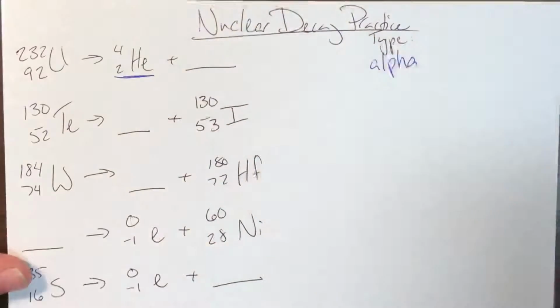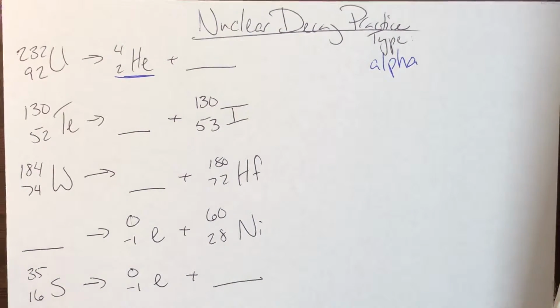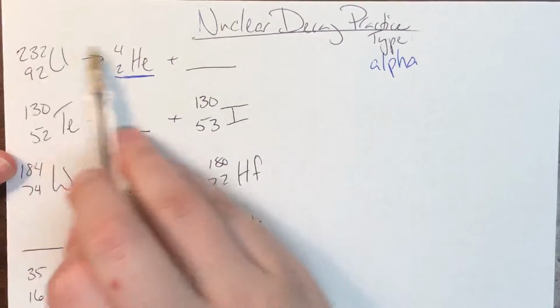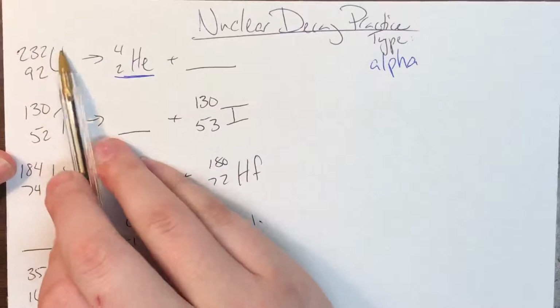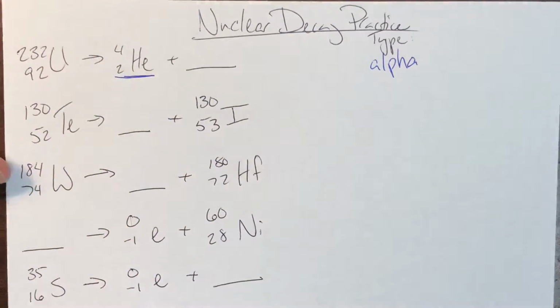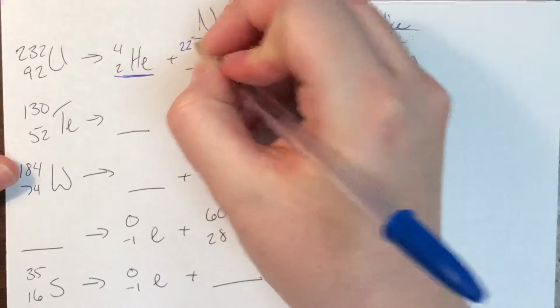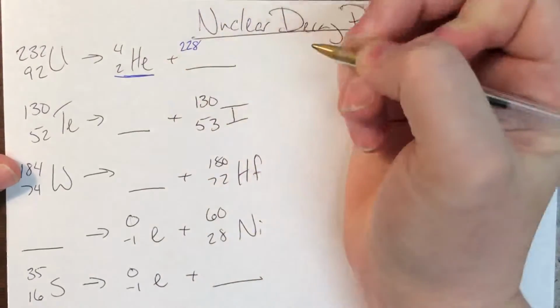I know that from this, okay? And I just need to see who it's going to turn into. Now remember, the left side and the right side have to be balanced numerically. So 232 minus 4 will be my new mass, which means that it is going to be 228 as my new mass.